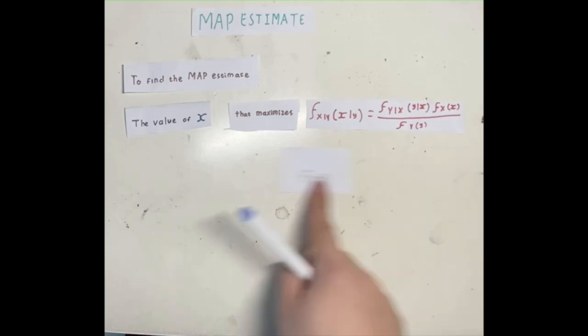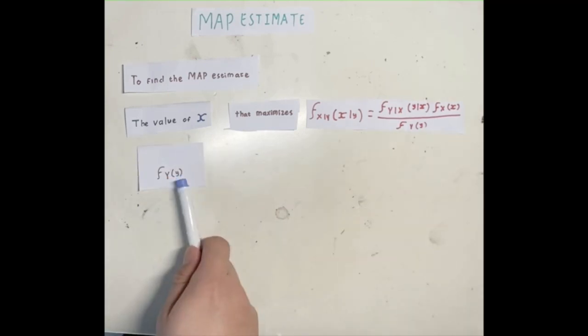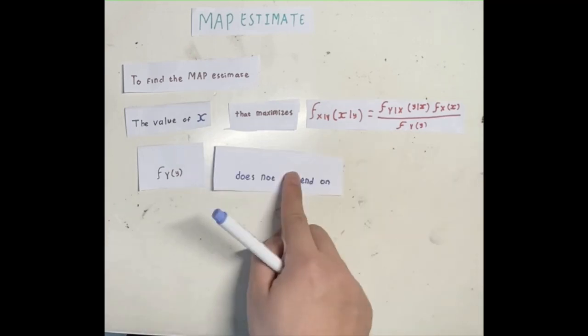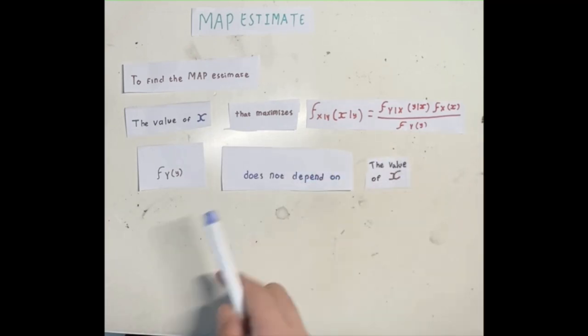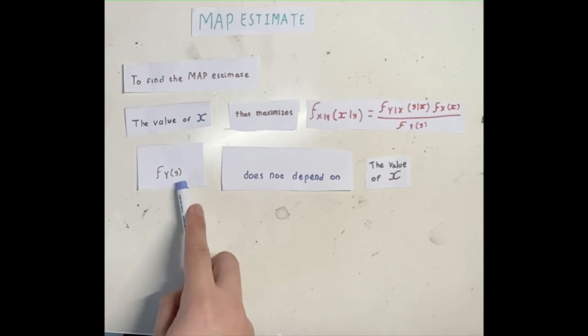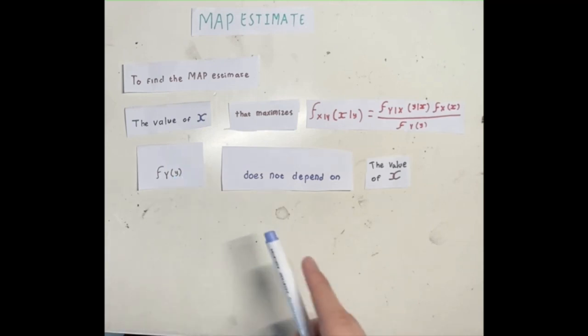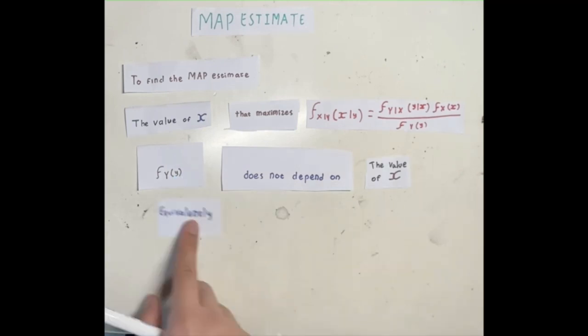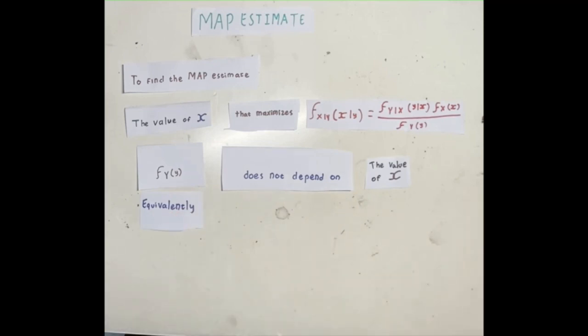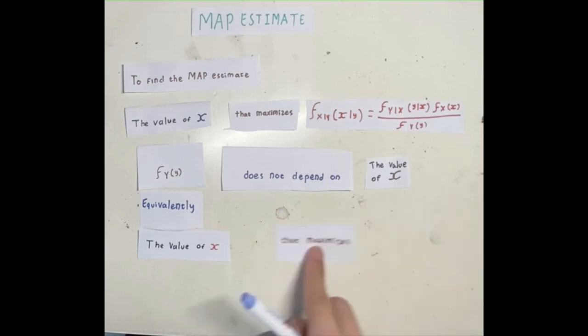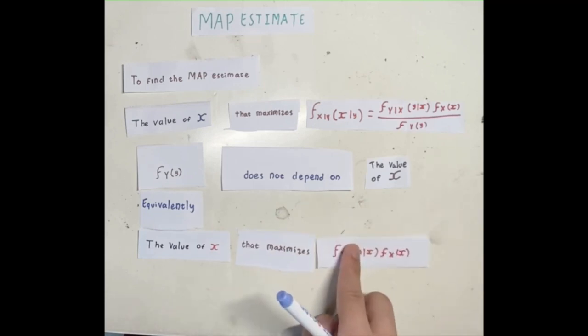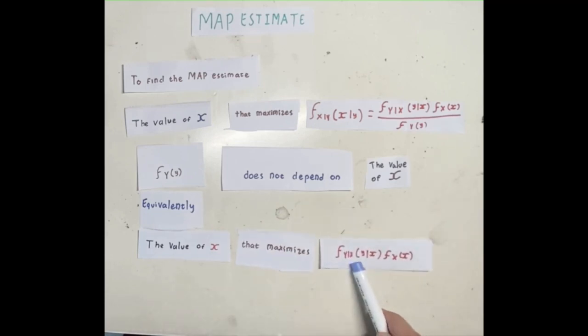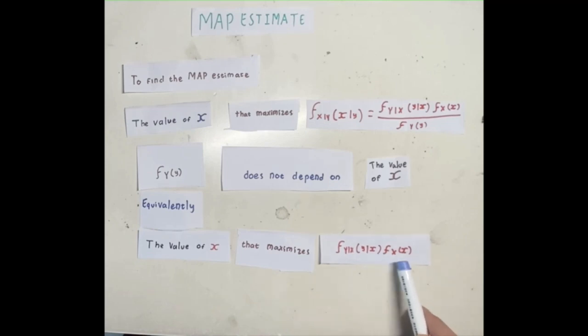As you can see, the function y of y does not depend on the value of x, as it does not accept any x input. So, equivalently, we can find the value of x that maximizes the function y given x of y given x times the function x of x.